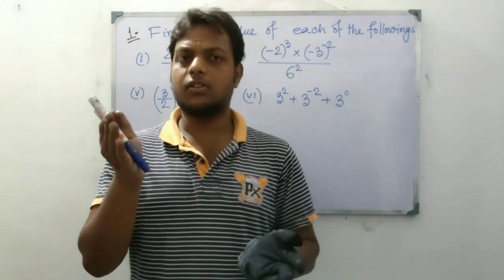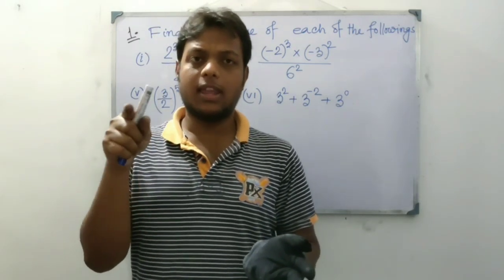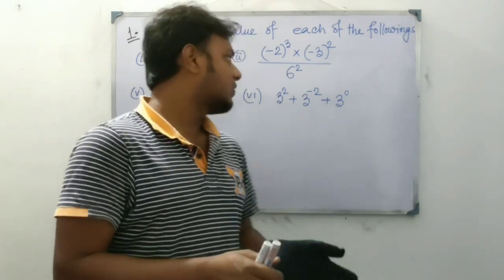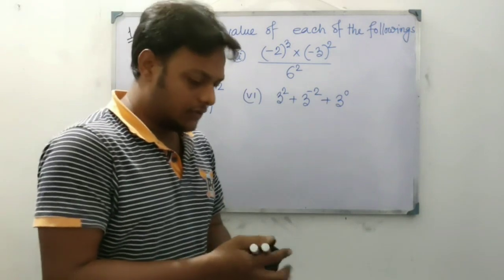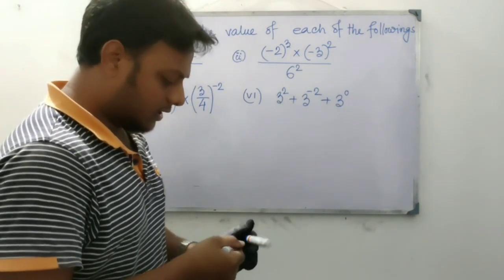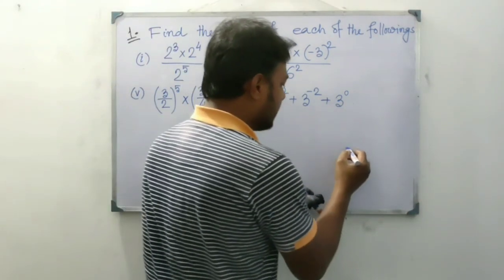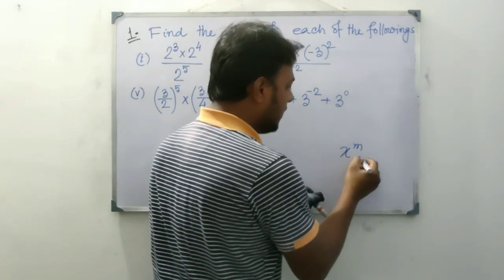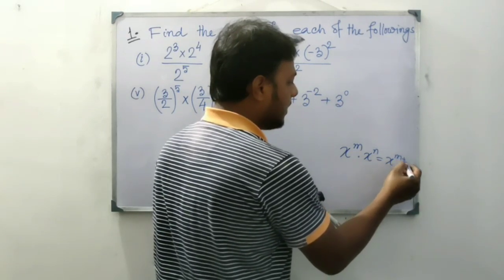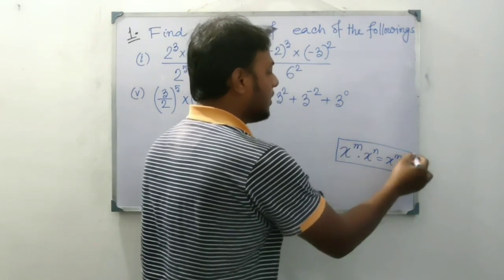That means whatever you have memorized, x to the power m into x to the power n equals x to the power m plus n. So in short, you can memorize this.